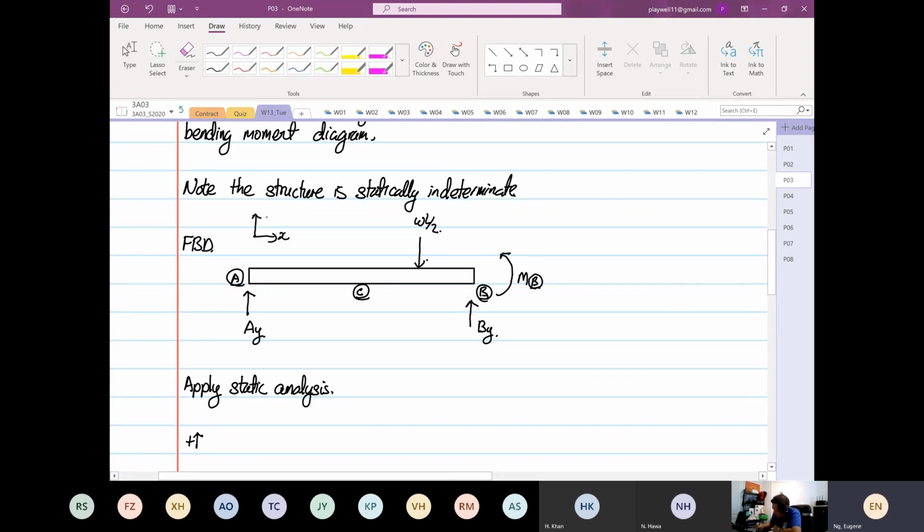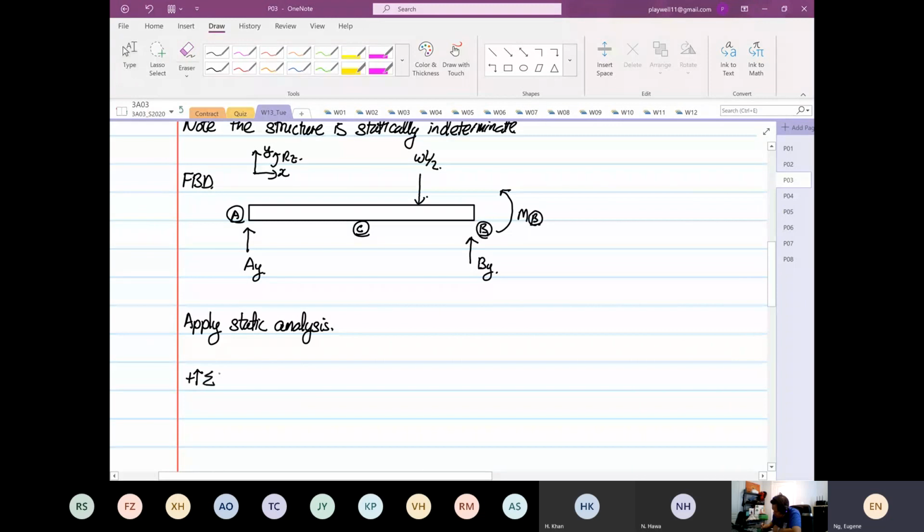This is X, Y, rotation about Z. Summation of forces going up in the Y direction is equal to 0. So you have AY plus BY minus omega L over 2, the whole thing equal to 0. So this is your equation A.